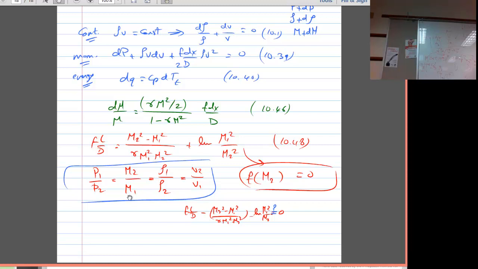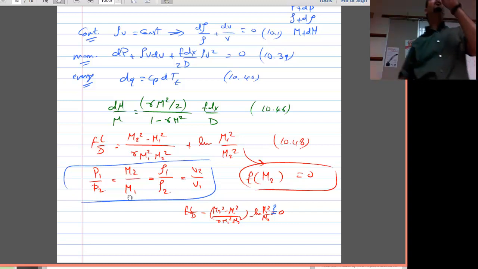Now, why is rho over rho equal to P over P? That's because what Jason said. The ideal gas, P equals rho RT. So if you make the T constant, then P over P is rho over rho. That's what you need to solve with.